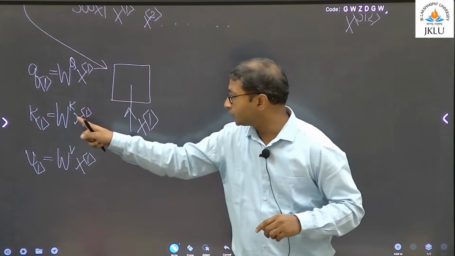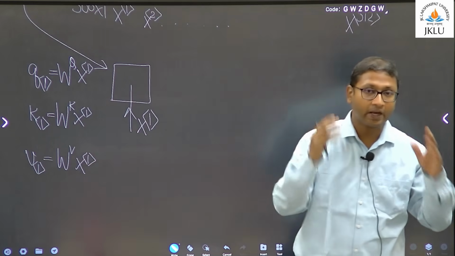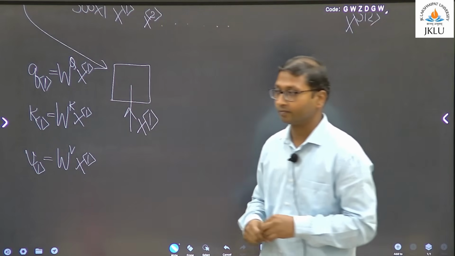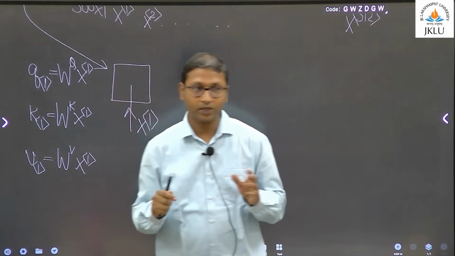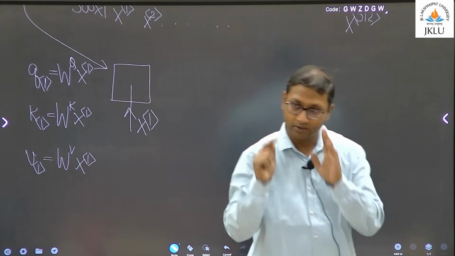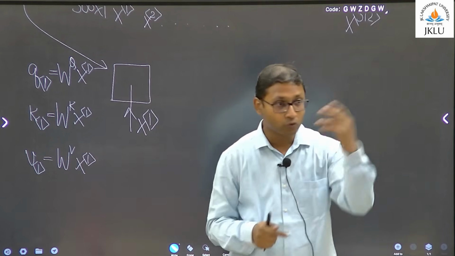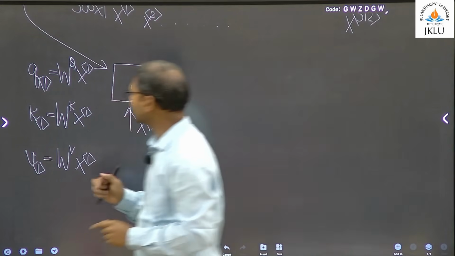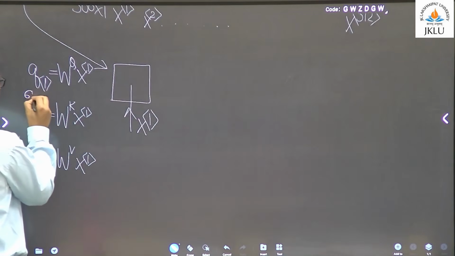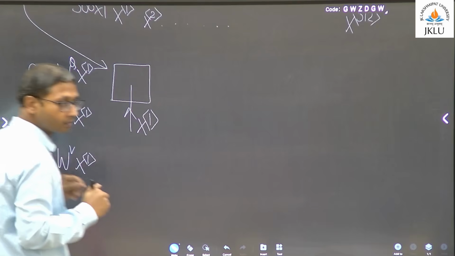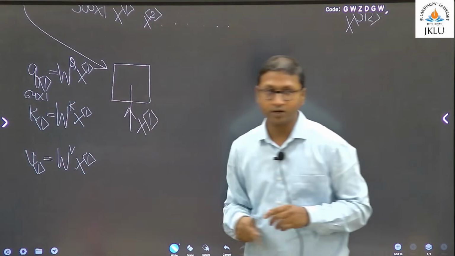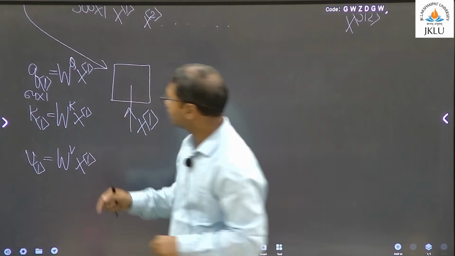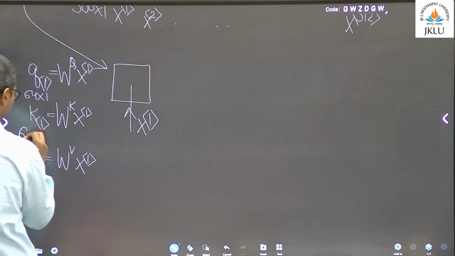Do WQ, WK, WV have to be of the same dimensions? What are the dimensions of x1? 300 cross 1. What are the dimensions of Q1? Last time what did we say? We want this Q1 to be 64 cross 1. If you want it to be 128 cross 1, is anything wrong with that? No. So all these guys are 64 cross 1.